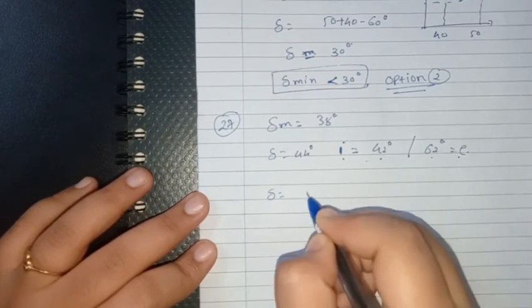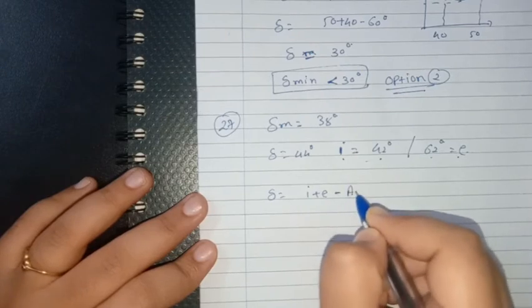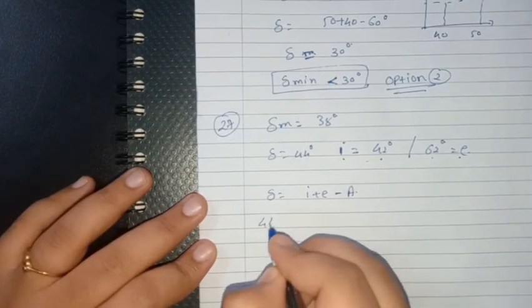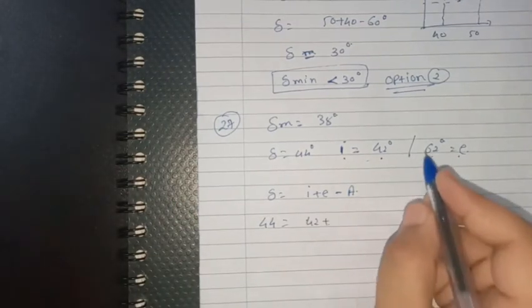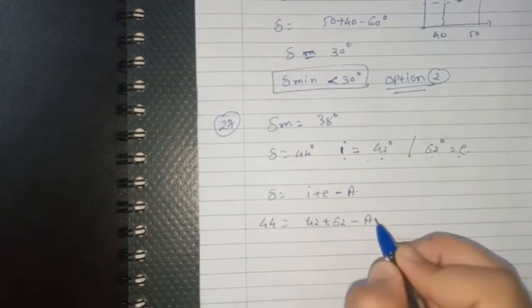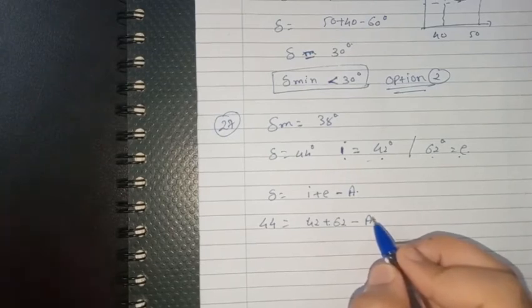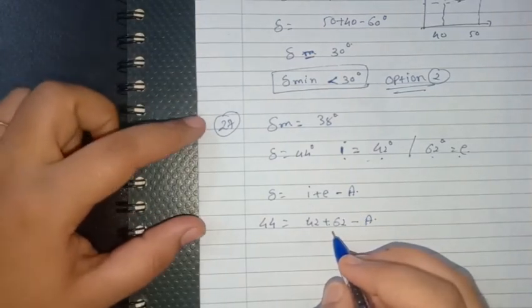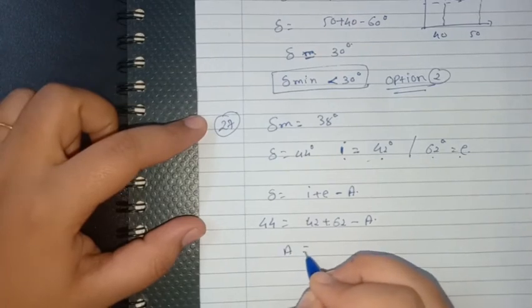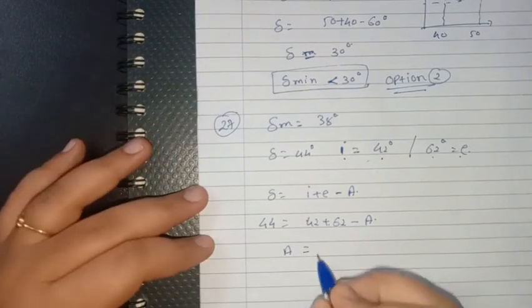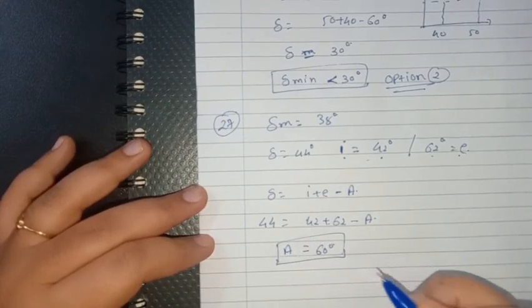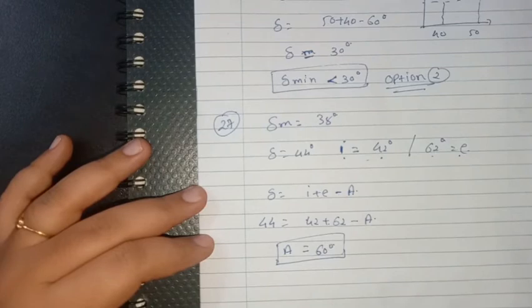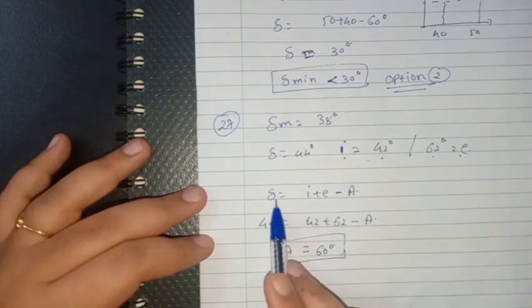Delta is given by i plus e minus A. For delta equals 44, I can write 42 plus 62 minus A. From this we can find that A is equal to 60 degree. Now we want to find at what angle of incidence the deviation will be minimum.